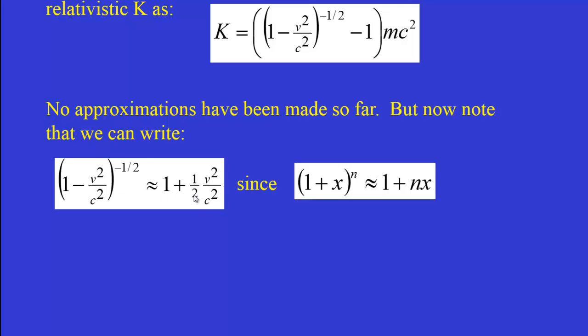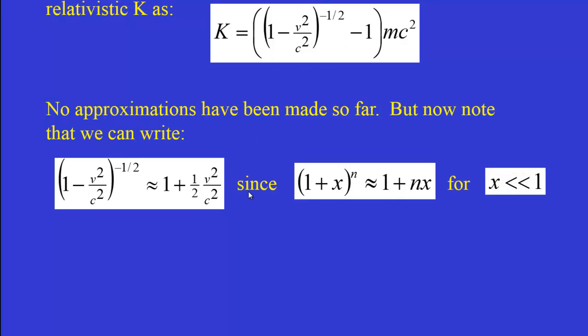So it's 1 plus 1/2 v squared over c squared. And if it takes a few minutes to confirm that I did it the right way, just take the expression and use the prescription over here, 1 plus x to the n as 1 plus nx, and you'll see that that's exactly what I get when I evaluate the expression approximately that's in the kinetic energy formula.